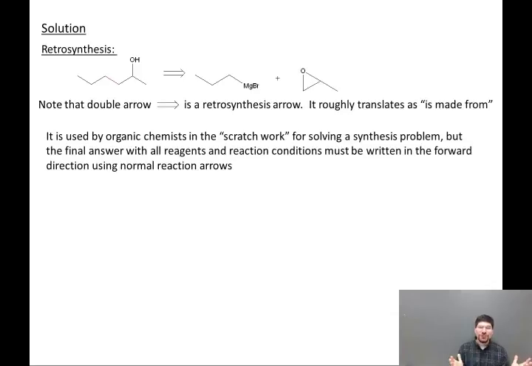So if I wanted to translate this equation into words, I would say 2-hexanol can be made from propyl magnesium bromide plus propylene oxide. That would be the name for that epoxide. Okay, so the retrosynthesis arrow is used by organic chemists in the scratch work for solving a synthesis problem.